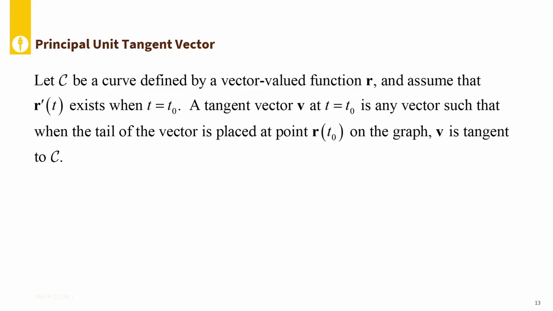So again, you theoretically have an infinite number of tangent vectors. You'd only have two possible directions, right? Same direction as R prime or the complete opposite direction. But any magnitude would work. But we want one specific one.